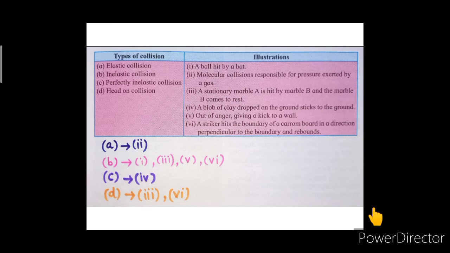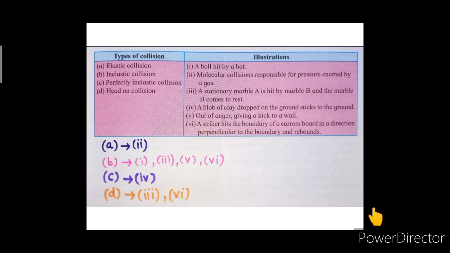So, in the illustrations column, number 2 is molecular collisions responsible for pressure exerted by a gas. The molecular collisions which are responsible for pressure exerted by a gas are to be considered as elastic collisions. Here we are considering that the total kinetic energy before and after the collision is the same as well as the momentum, when the molecular collisions take place.